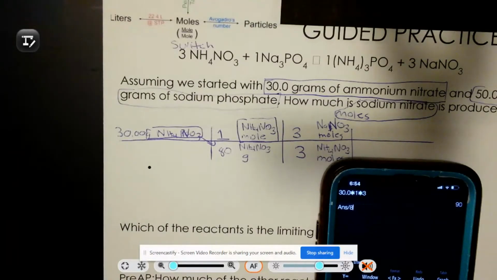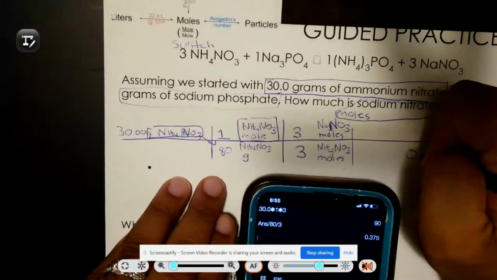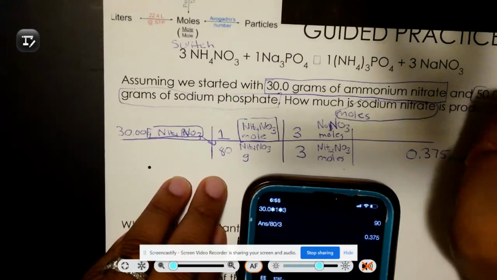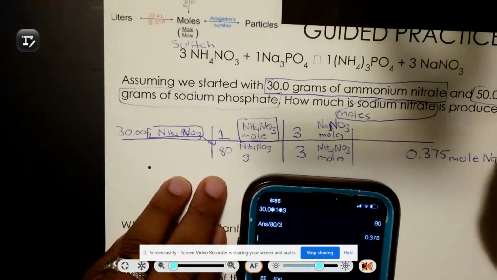So divided by 80 and then divided by 3. And so our answer is we have 0.375 moles of sodium nitrate.